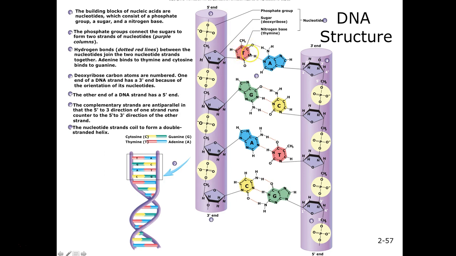Here's our thymine, and that will always be attracted to adenine. And then our guanine will always be attracted to our cytosine. Notice that we have these double bonds with our T and A, and over here we have triple bonds with our G and C. Again, we are talking about DNA, so there's no uracil found here.